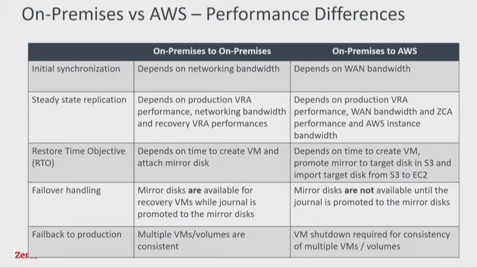And on the move operation, if you do have multiple volumes and VMs, that's a great point, Shannon, you would need to shut down the VM to keep that consistency, and then fail it back, and then fire it up. Again, it all has to do with working within the confines of a public cloud and the mechanisms that we have to use in order to get the changes that you need to be able to fail it back out. It just is the reality of working in the AWS ecosystem.